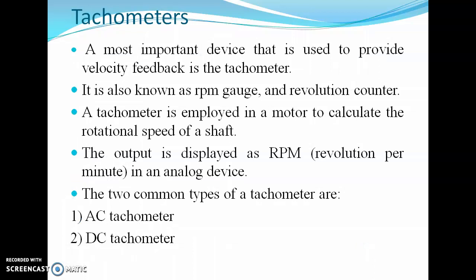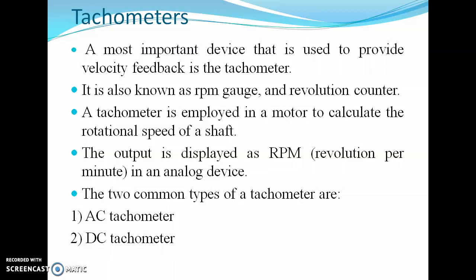Tachometers. What is a tachometer? It is the most important device that is used to provide velocity feedback. In velocity feedback is the tachometer. So it is also known as RPM gauge and revolution counter.